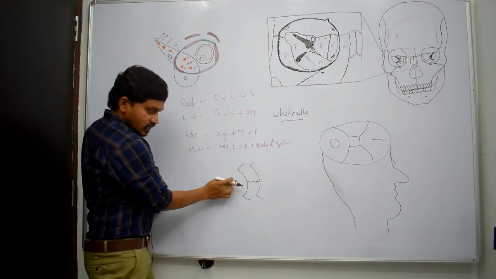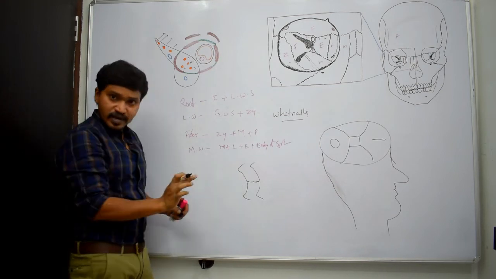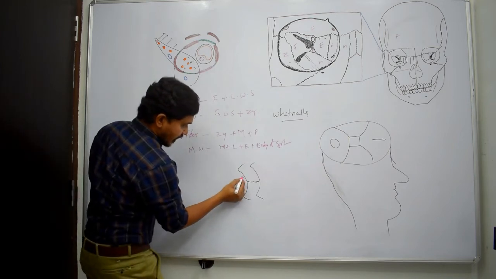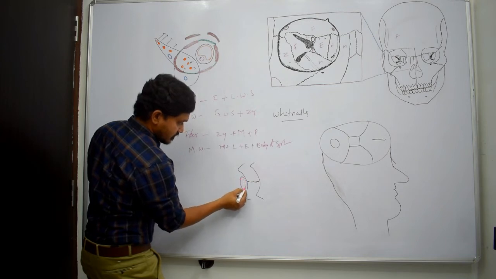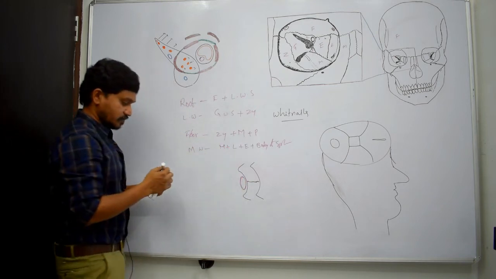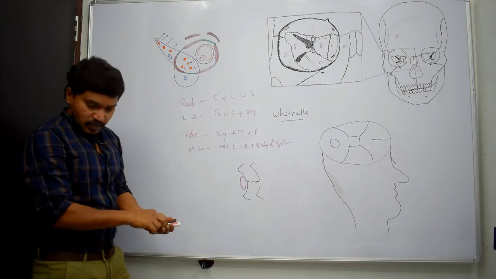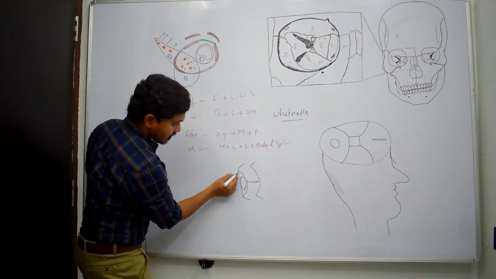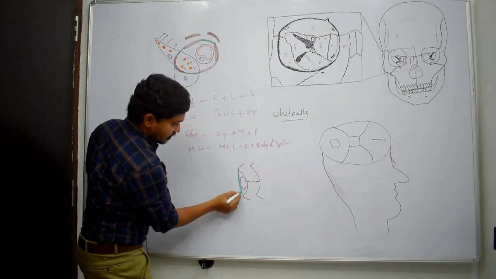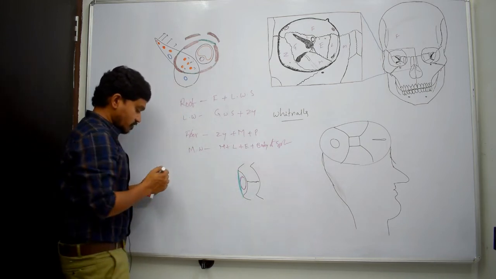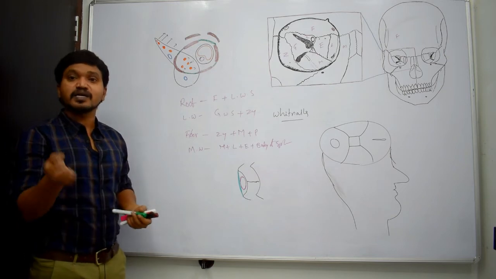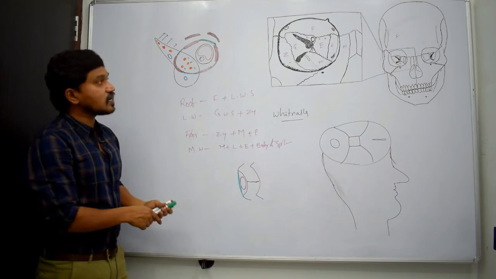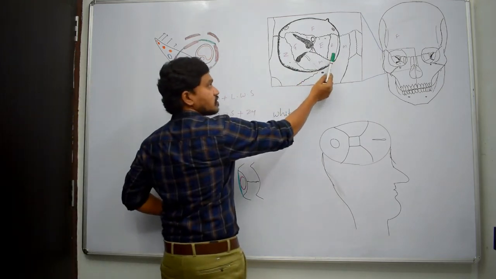This fossa contains lacrimal sac. Then this fossa is bridged by one fascia. That fascia we are calling lacrimal fascia. Actually this lacrimal fascia is derived from the periorbita or orbital fascia, that we will discuss. This is the lacrimal fossa.